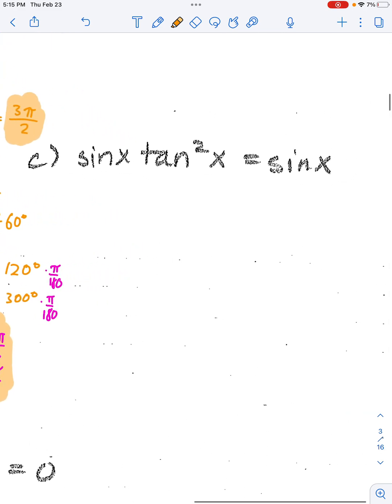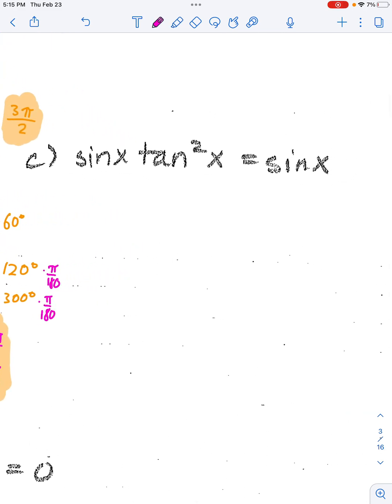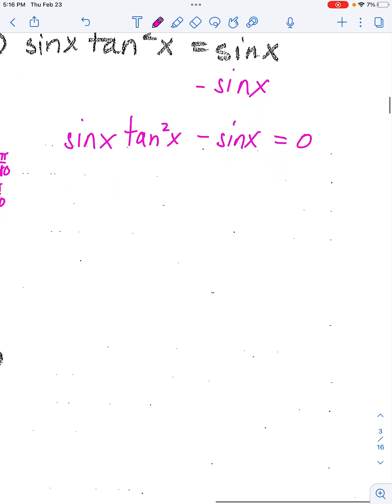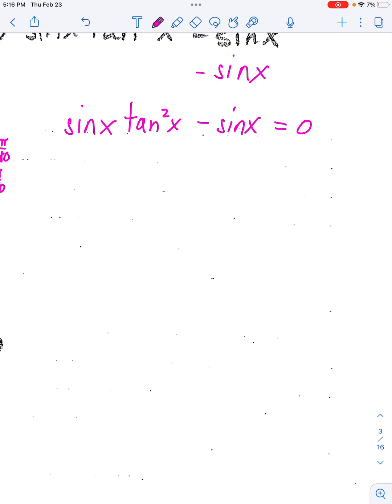Let's do this next one. First step, let's get a 0 on one side. So we're going to subtract over that sine. Now let's factor, set equal to 0, and solve.